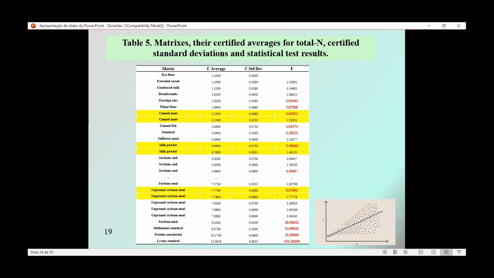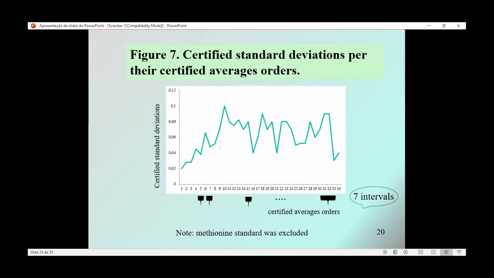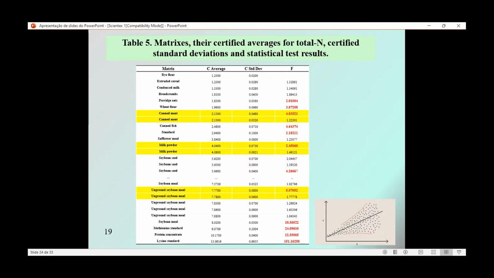The same happened for milk powder. Their averages were very close, and the result of the F-test showed that these uncertainties were significantly different one from the other. And this happens a lot of times.